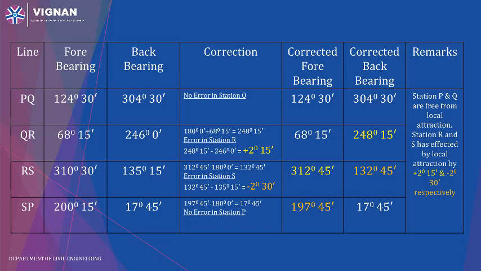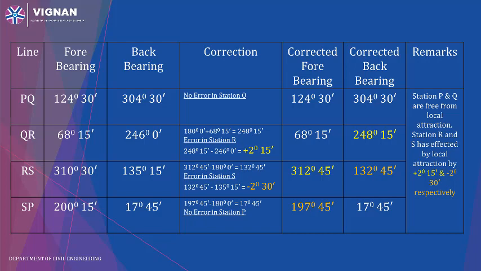There may be survey lines where the forebearing and back bearing difference is exactly 180 degrees. If you closely observe the given data, PQ is a survey line where the forebearing and back bearing difference is 180 degrees. 124 degrees 30 minutes plus 180 degrees will give you 304 degrees 30 minutes.